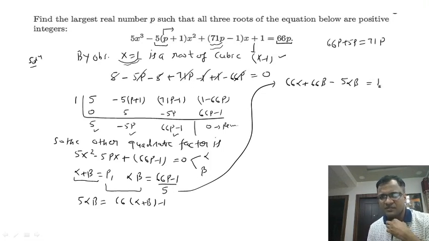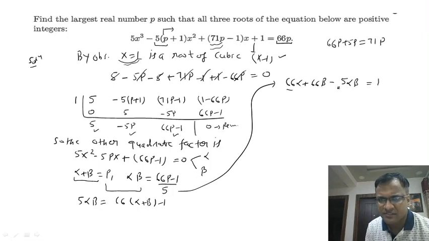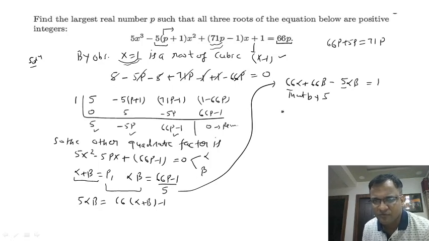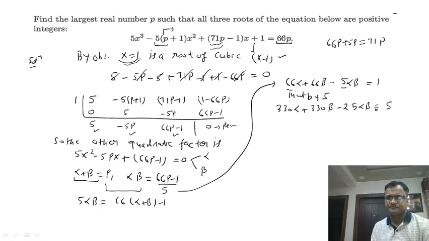This is a Diophantine equation in two variables alpha and beta. So I want to factorize this expression. First of all, here it is 66, here it is 5, so multiply by 5. 66 into 5 is clearly 330 alpha plus 330 beta minus 25 alpha beta equals 5.